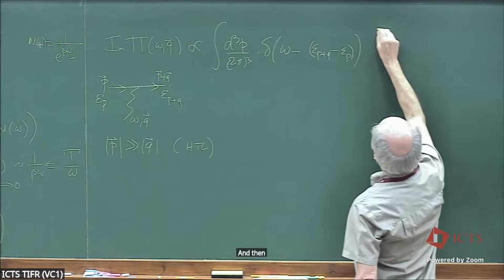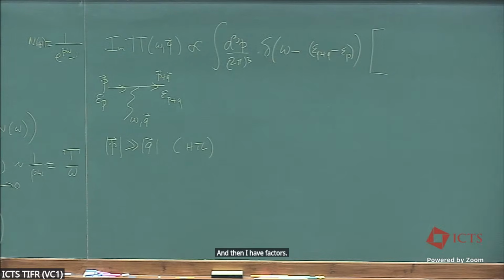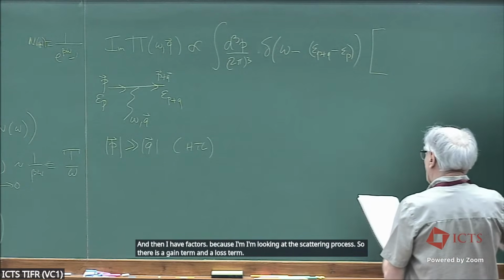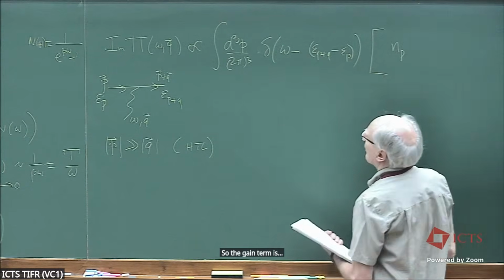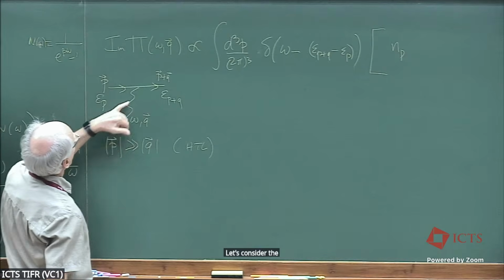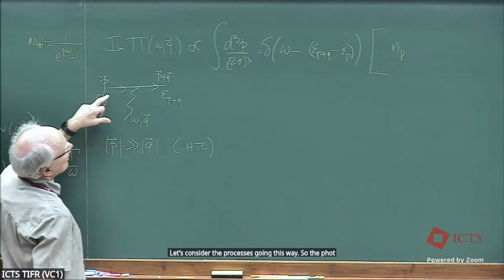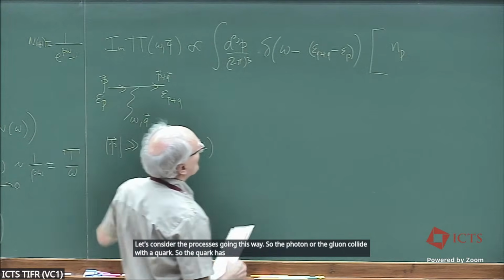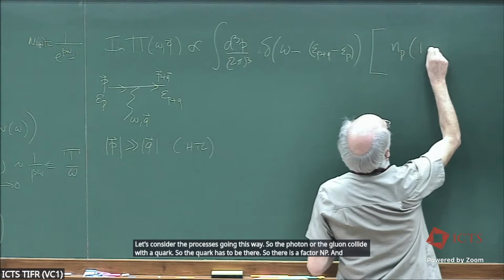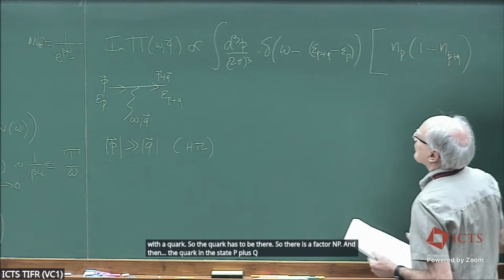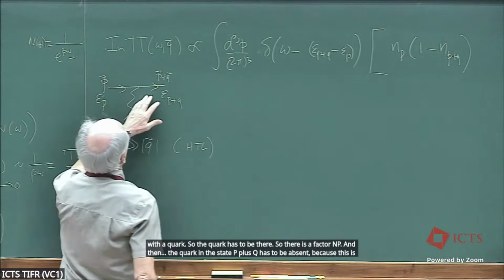And then I have factors, because I'm looking at a scattering process. So there is a gain term and a loss term. The gain term is, of course, one in which, let's consider the process going this way, the photon or the gluon collides with a quark. So the quark has to be there. So there is a factor n of p. And then the quark in the state p plus q has to be absent, because this is a Pauli blocking factor, right?